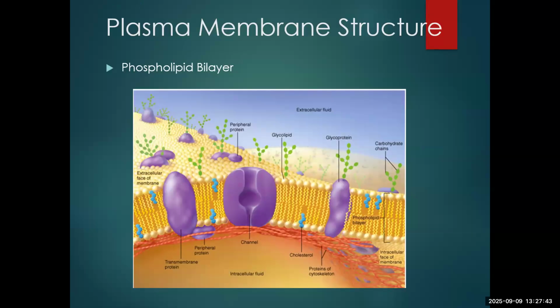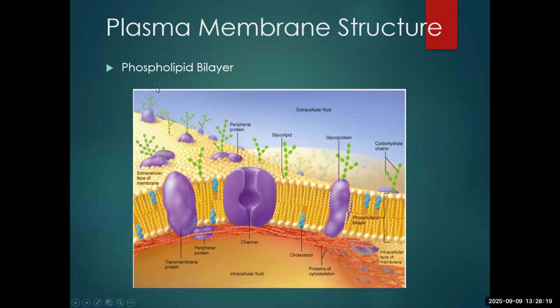So if we're looking at a cell, you can draw a simple cell that looks like this. We are built out of eukaryotic cells, so our cells have a nucleus. And this would be the plasma membrane. And this picture is representing just a small portion of that membrane. Okay, so it's giving us some detailed structures.